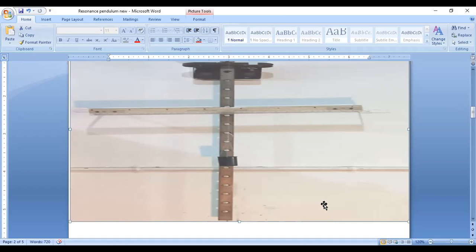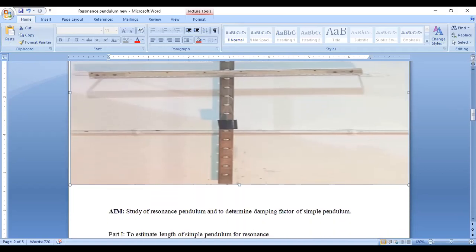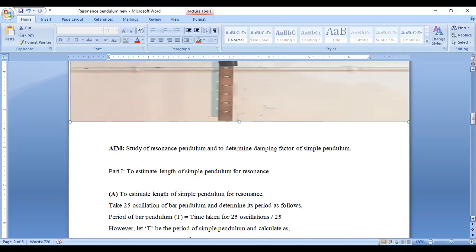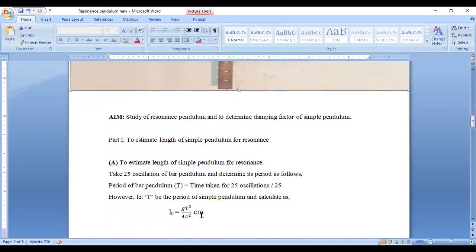I know that expression. I can show you a very simple way. Look at this expression which I have used: T equal to 2 pi root L over g. If I solve this formula and make it L0, then L0 is equal to g T square over 4 pi square, in terms of centimeter, where T is the periodic time.